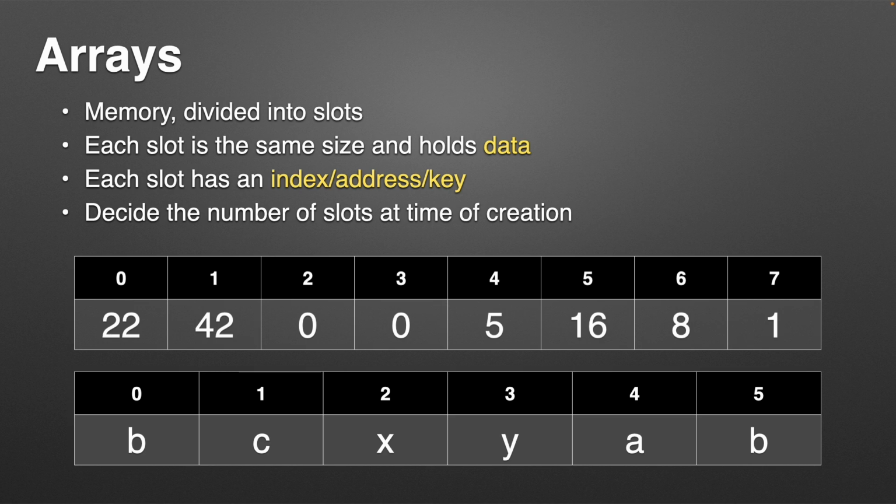We wouldn't have an array of integers mixed with strings or something like that. We're going to keep them all the same type. And in a language like C++ or C, we have to decide ahead of time how many elements we want to allocate space for when we create an array. We have to state that up front.